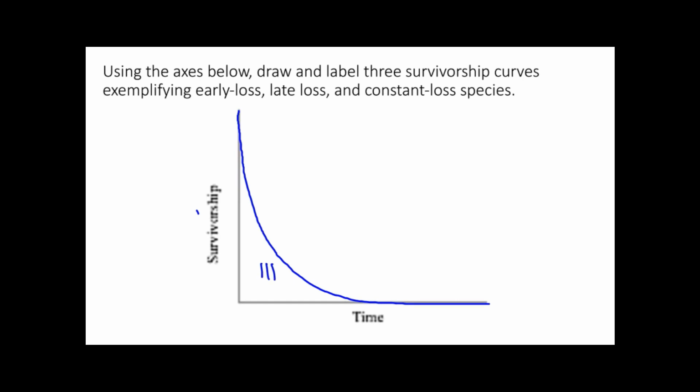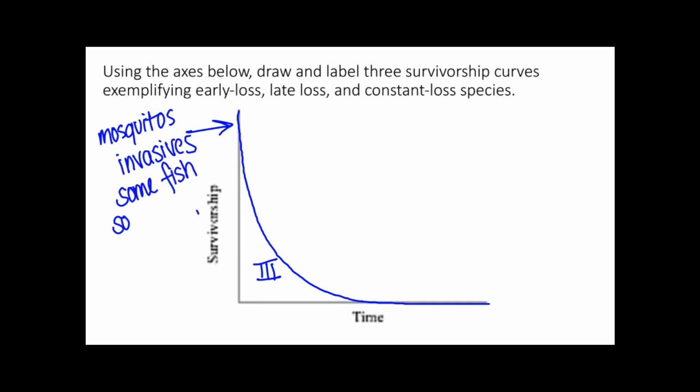So this is things like mosquitoes, a lot of times invasives, some fish, some amphibians. And this is where they have lots of babies and then they die and only a few survive to adulthood.